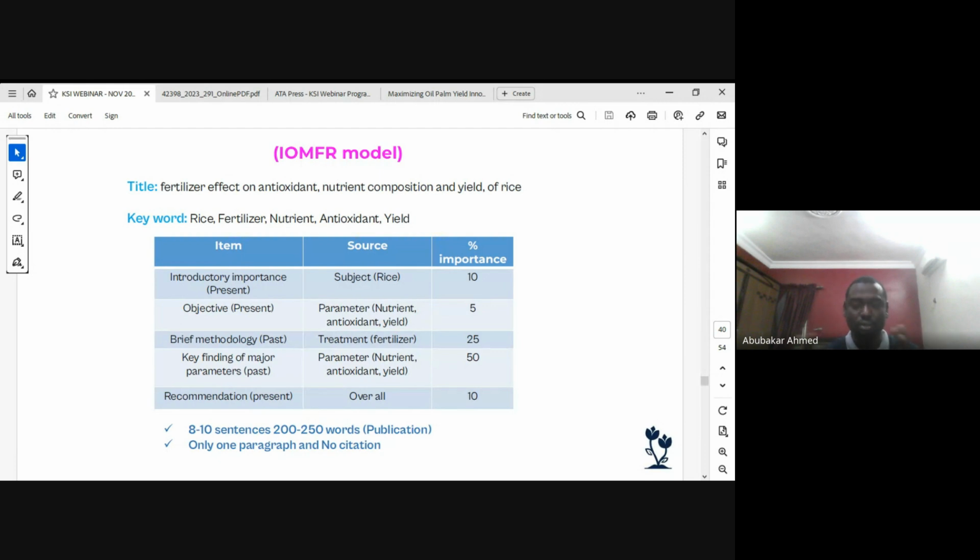They pass through a peer review process, and usually the peer review process is an anonymous, blind review process. You don't know the reviewer, and the reviewer does not know who the authors are. Once you submit your article, they will ask you to submit the title page, and also the manuscript without the title page.